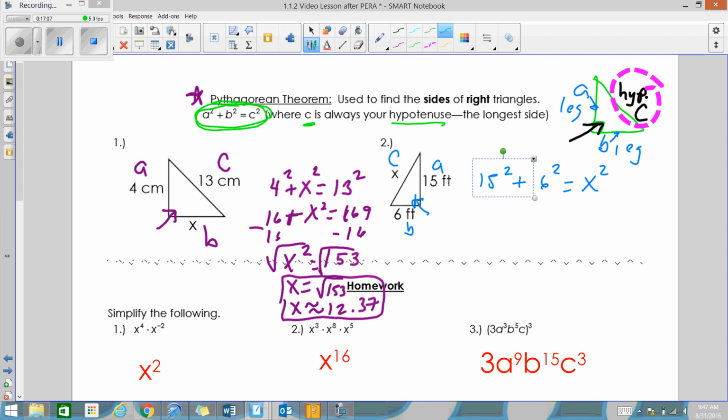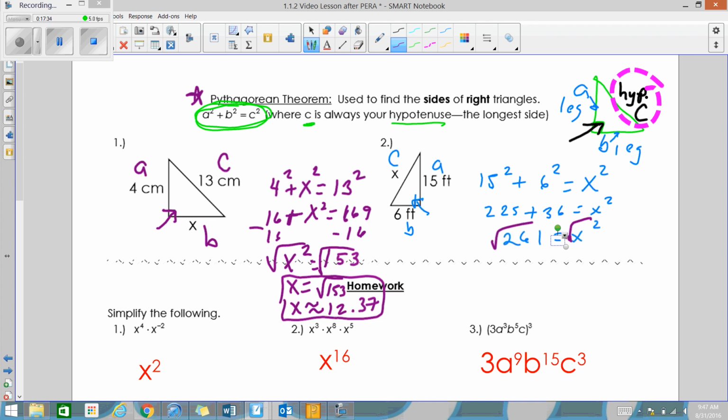Now the one nice thing is when your c is your variable, all you're going to do is simplify and combine. So 15 squared is 225 plus 6 squared is 36 equals x squared. We're going to combine 225 and 36, so we're going to get 261 equals x squared. And just like the last problem, we need to solve for the value of x. So we have to take the square root.